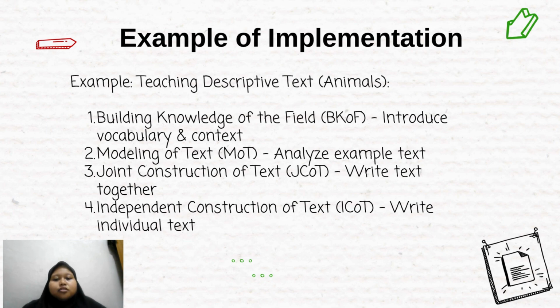Then, in joint construction of the text, they work in groups to write their own descriptive text with guidance from the teacher. Finally, in independent construction of the text, students write their own text and check it with a partner. This process helps students move from guided learning to independent writing step by step.